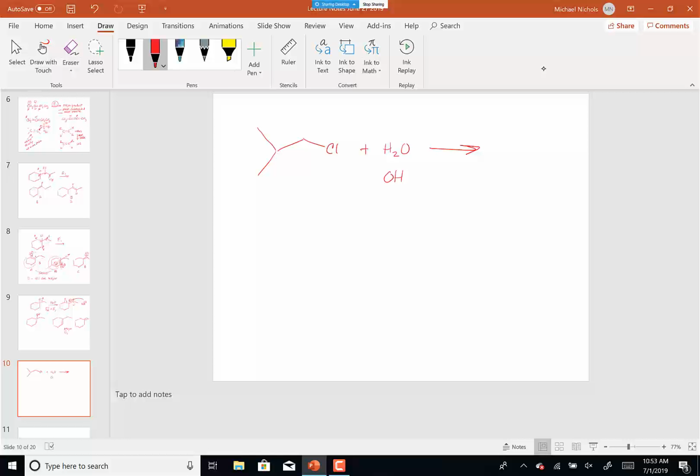I say, well, okay, I'm going to use hydroxide in this reaction. What would you predict? SN2, so what would be the final product?